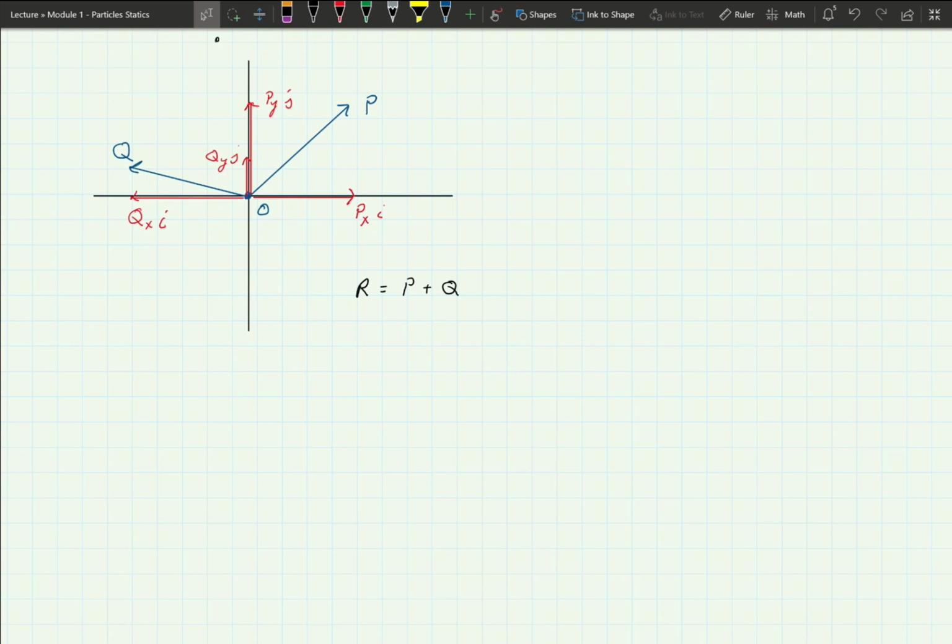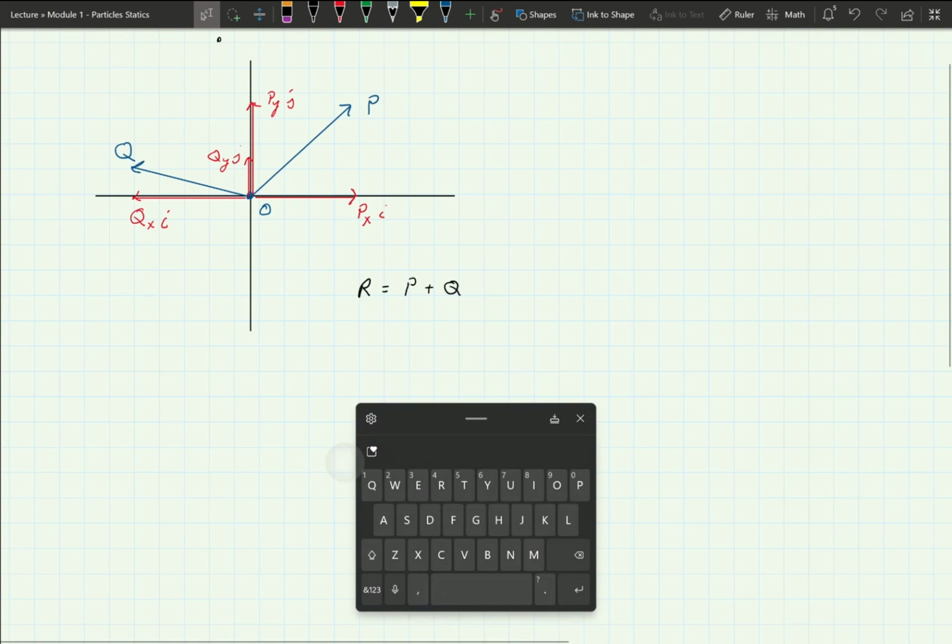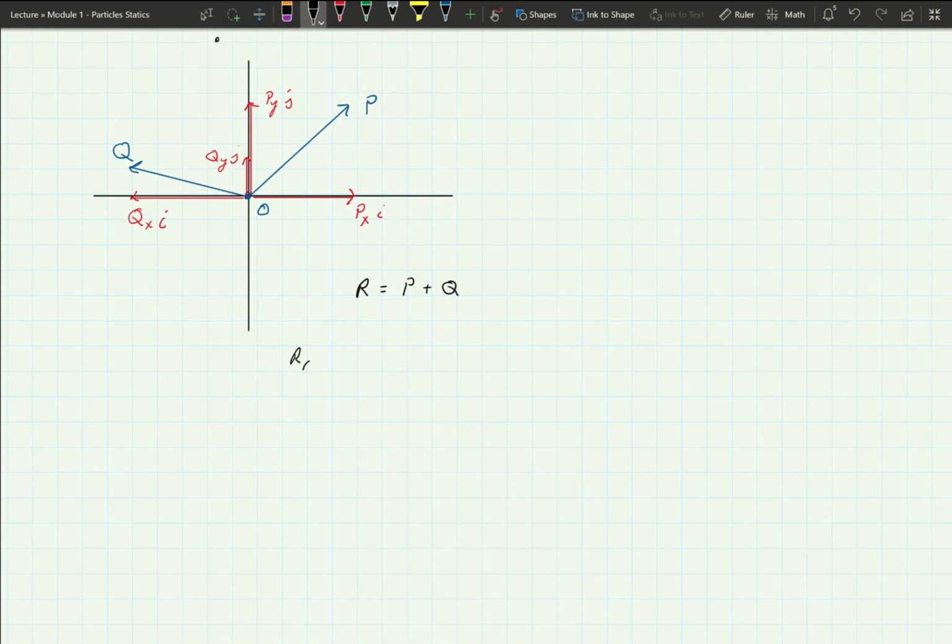Okay, here's how we're going to do this. We need to know the resultant x in the i plus the resultant y in the j.